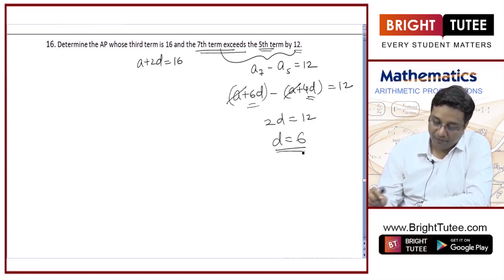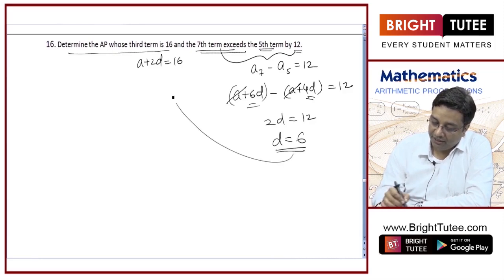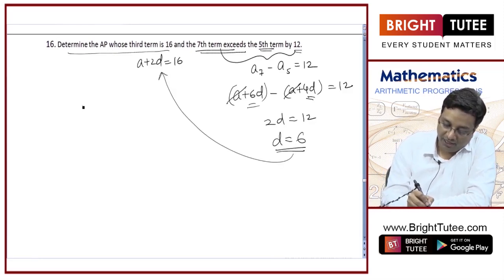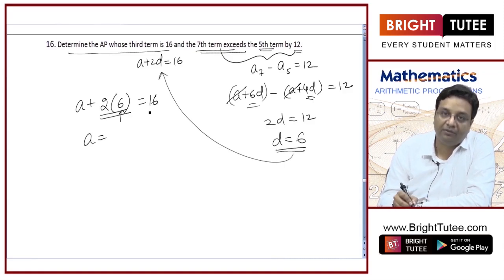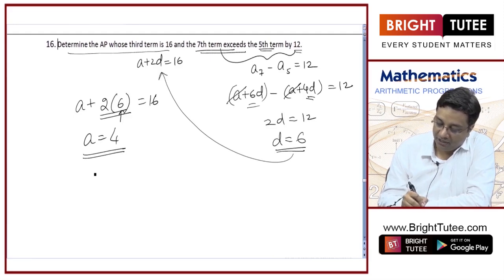So now I can put d in this equation. I'll get A plus twice of d, which is 6, equal to 16. This is 12. So A equal to 16 minus 12, which is equal to 4. So I have got A now and d, right?